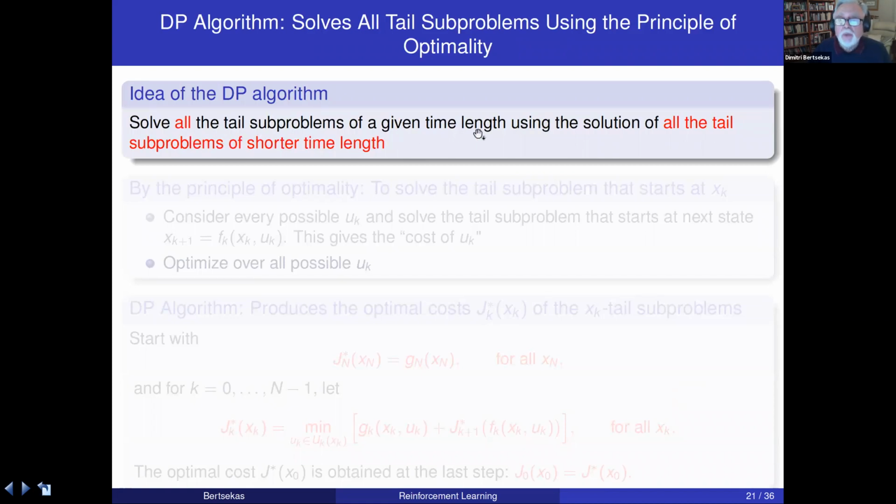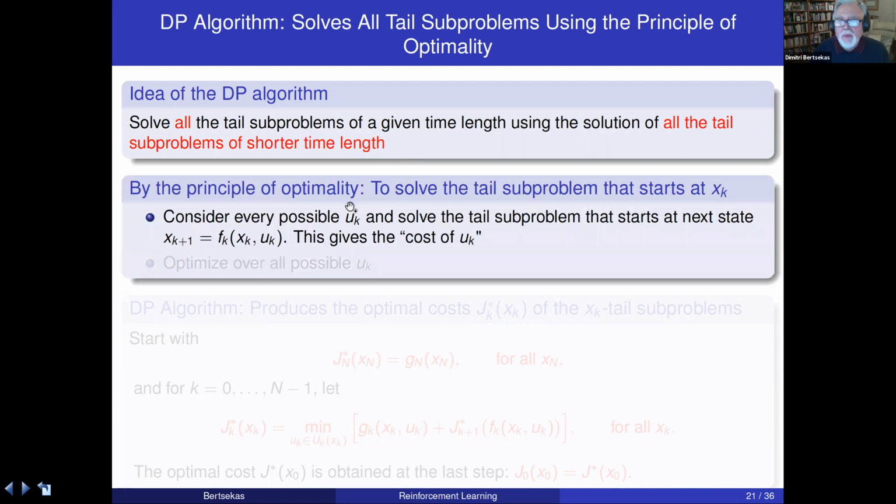Solve all the tail subproblems of a given time length using the solution of all the tail subproblems of shorter time length. So we can start solving a tail subproblem for the very last stage. This is a tail subproblem of length 1. Then try to solve a tail subproblem of length 2, leveraging the solution of the subproblem that we have already solved. Then go to stage 3, 4, and so on, all the way to the beginning.